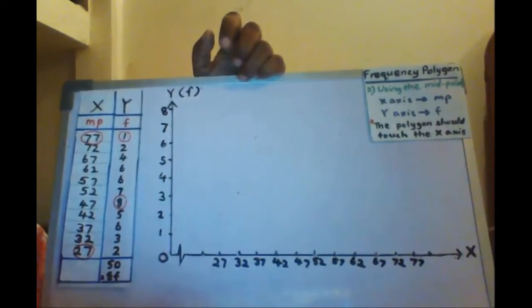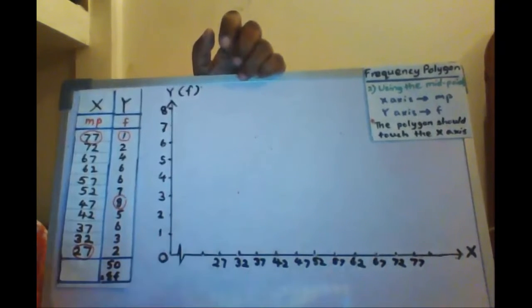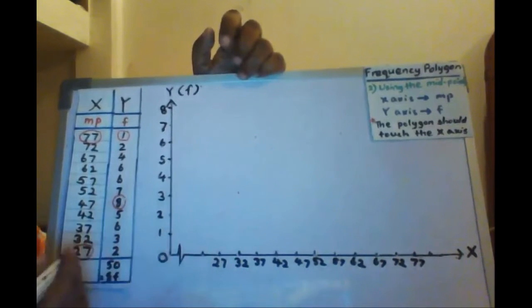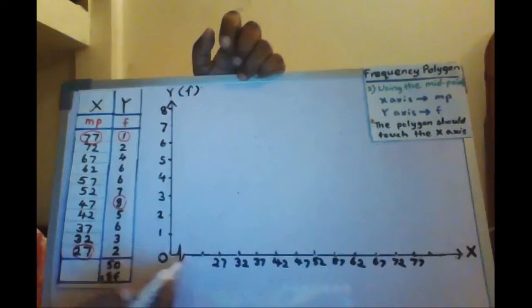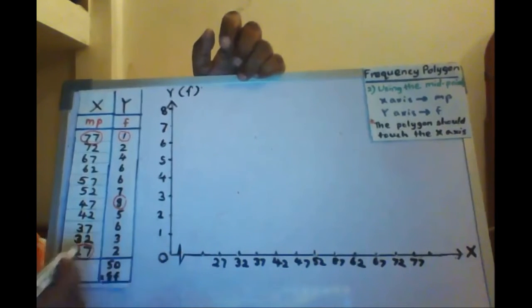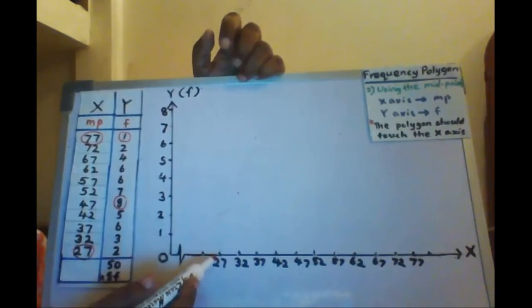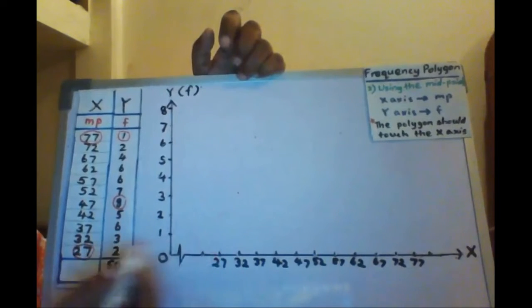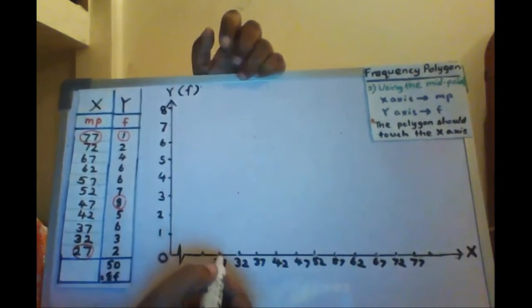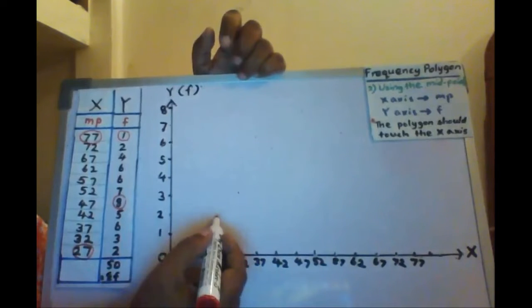Now you have to draw the graph, right? As usual, we have to go to the lowest value because we start from the lowest one here. So for the mark 27, there are 2 students. 27, 2.